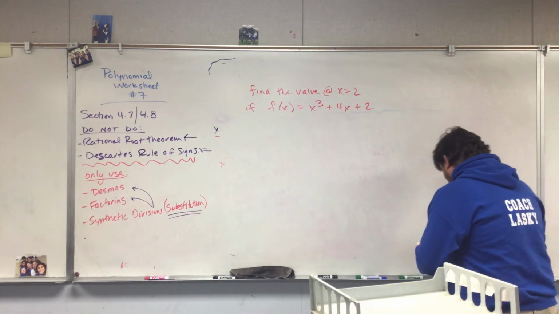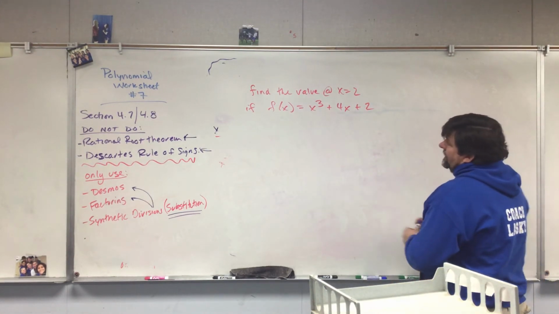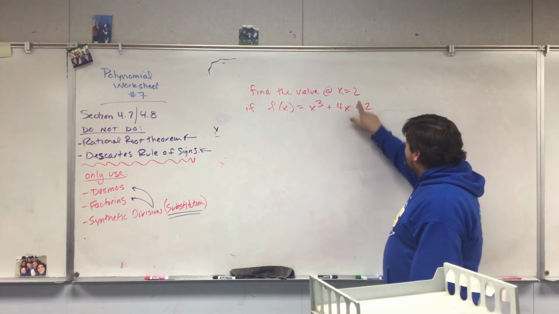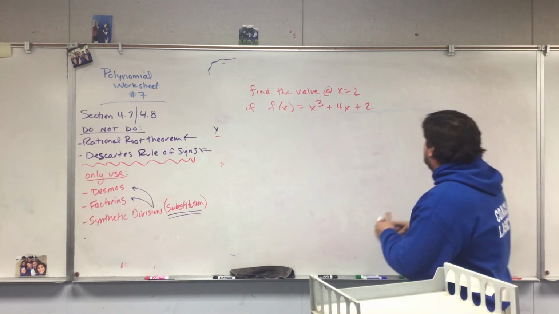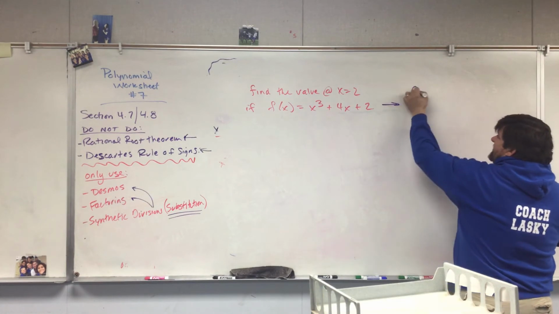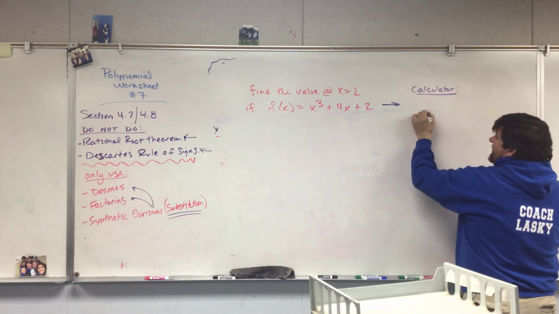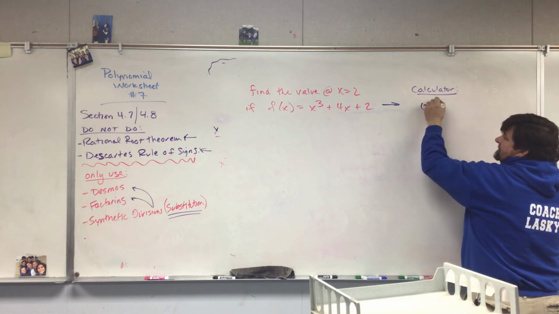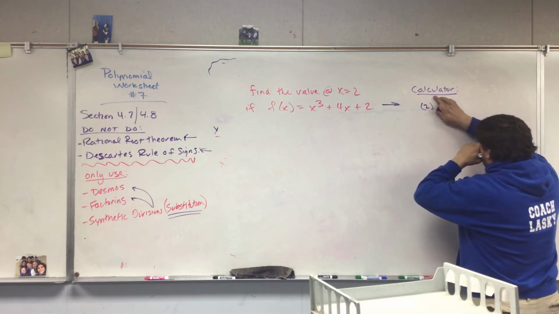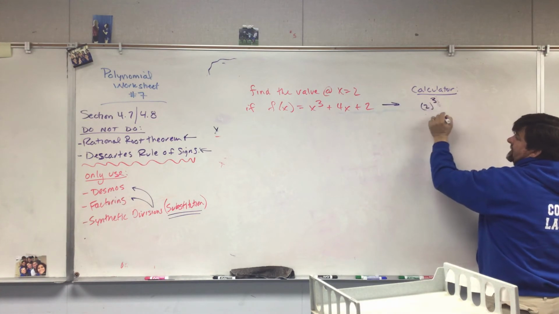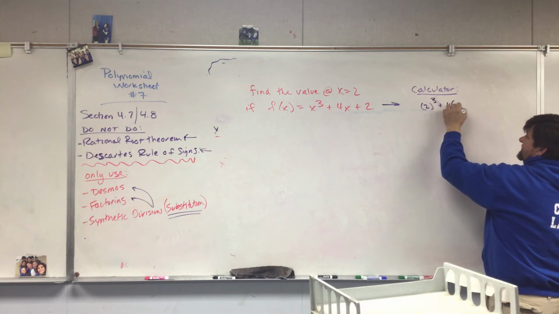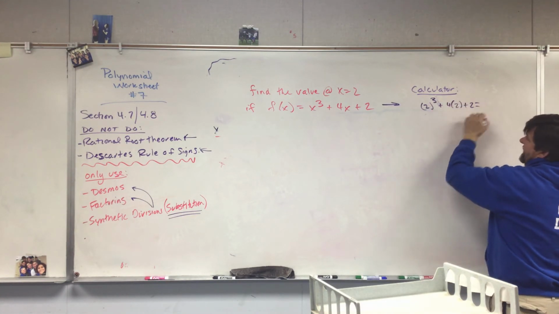Okay? So, normally what you guys would do is you take this and you plug it into the calculator, and in the calculator, if you had one, you'd put in 2 cubed plus 4 times 2 plus 2, and that would give you an answer.